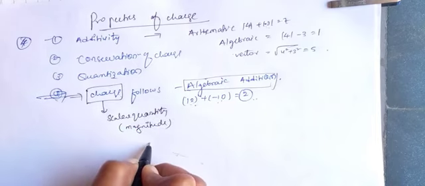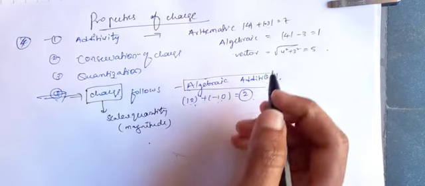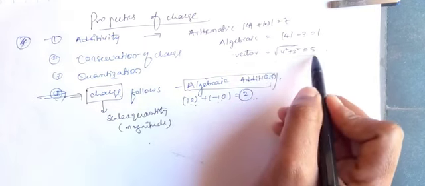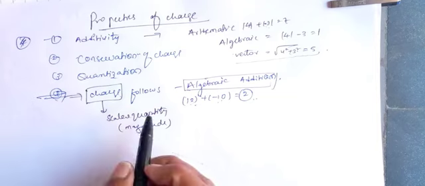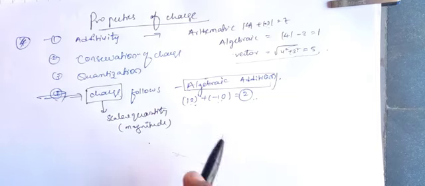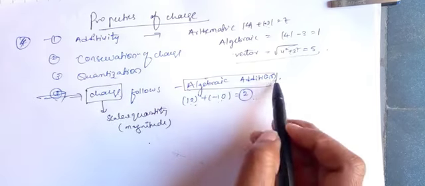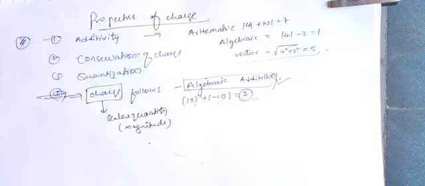If charge were a vector quantity, we would have to use vector addition, the square root of 4 squared plus 3 squared. But it is a scalar quantity, so that's why charge follows algebraic addition. This is one property of charge.